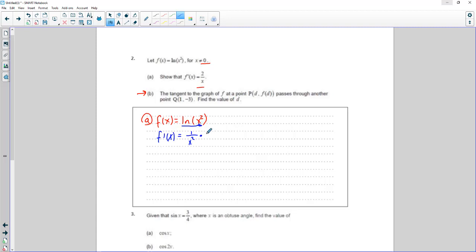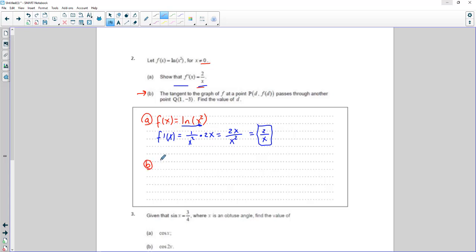The derivative of x squared is 2x. So what I now have is 2x over x squared, and that gives me 2 over x. And this is what they wanted me to show. So that's how you do that, a little bit of elementary calculus. Now this is the fun part.